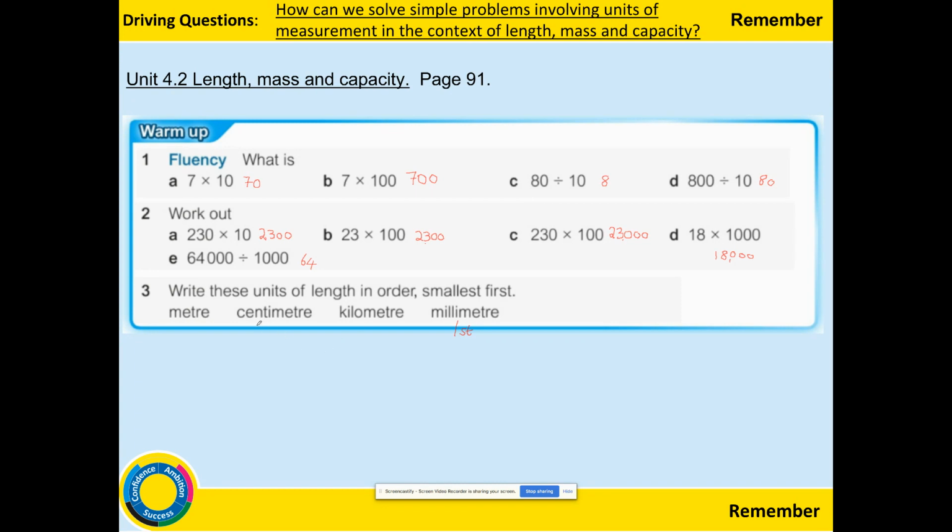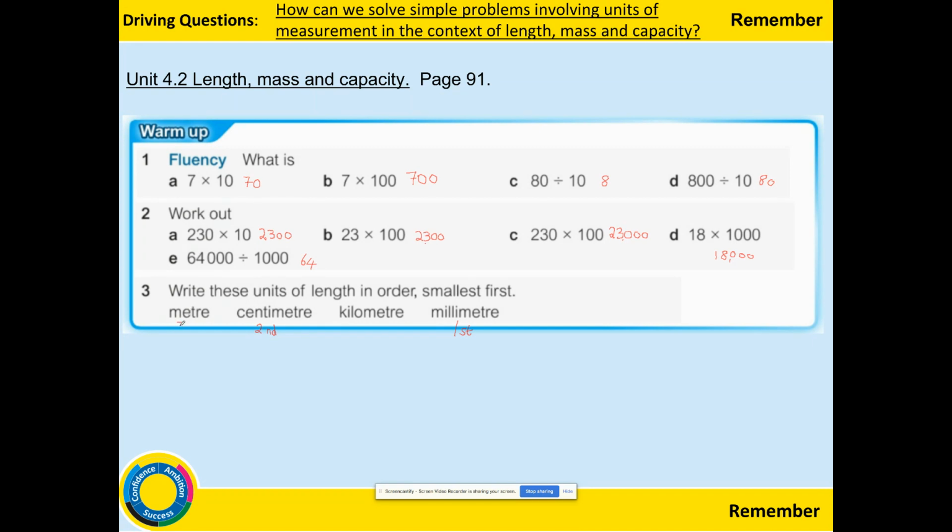And second is the other measurement on your ruler. It's the centimeter. There's 10 millimeters to 1 centimeter. There's 100 centimeters in 1 meter.